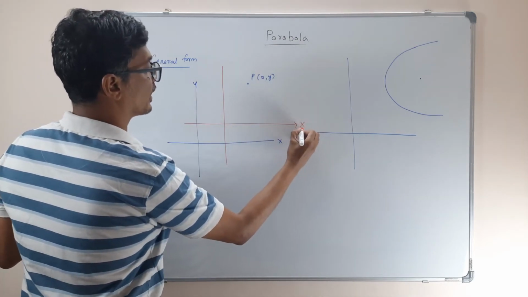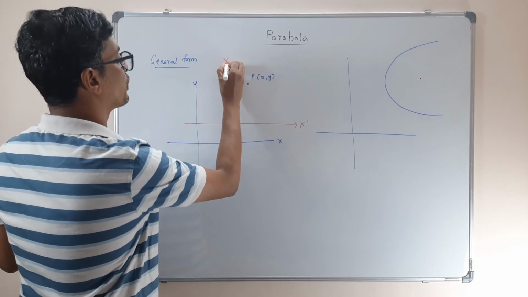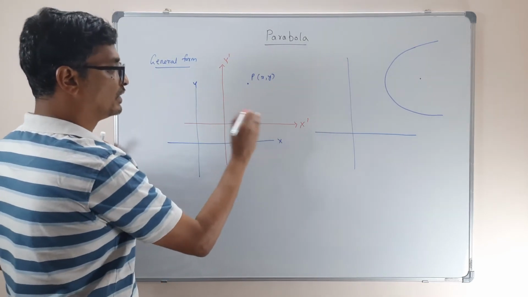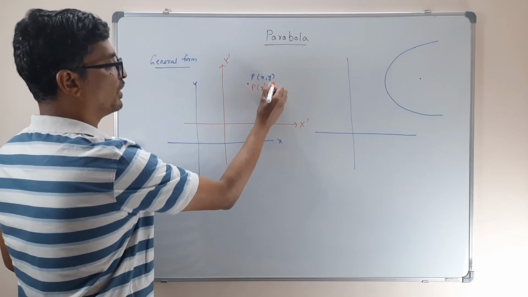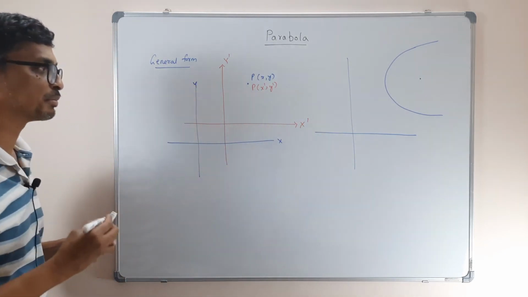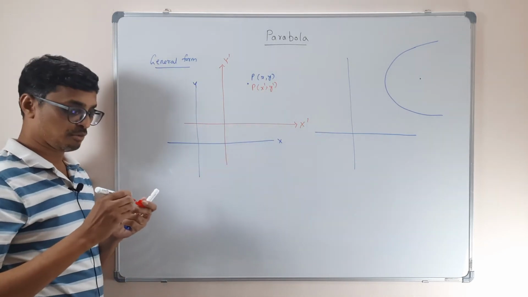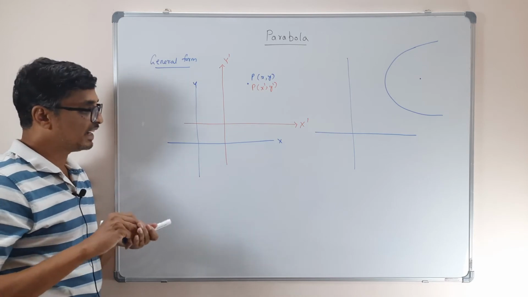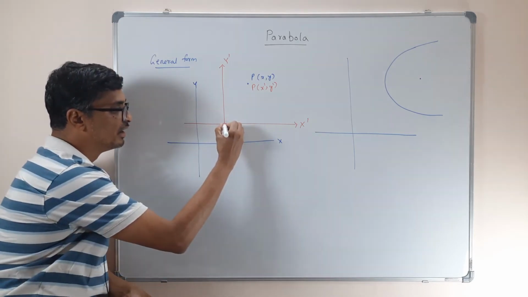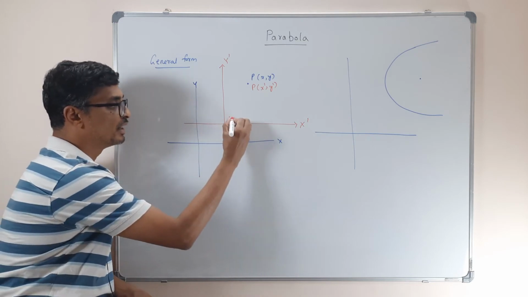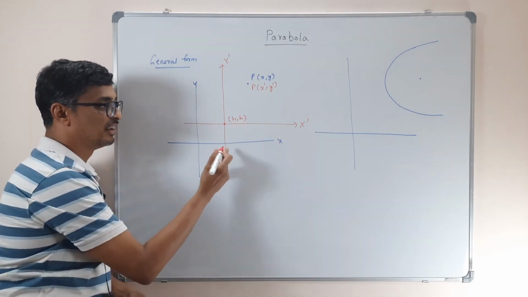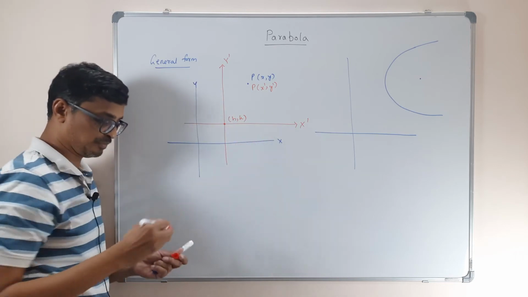They call it x prime and y prime. With respect to this coordinate system, this point P is going to be x prime and y prime. What is the relation between x prime and y prime? Do you remember that?